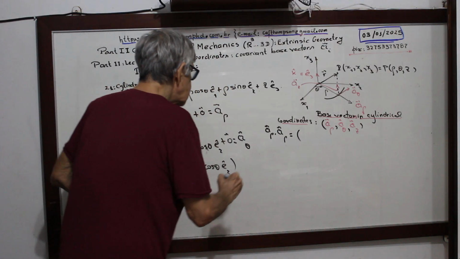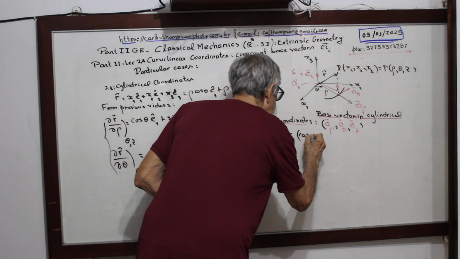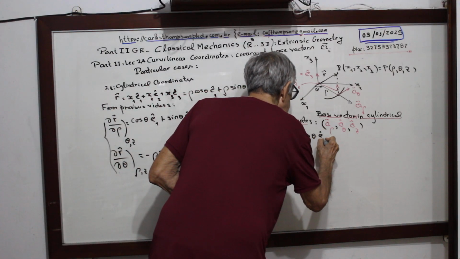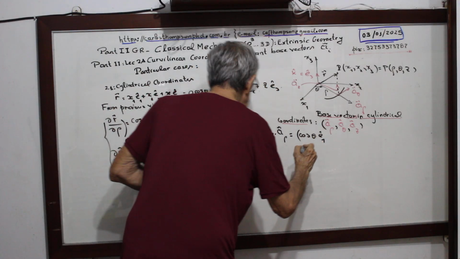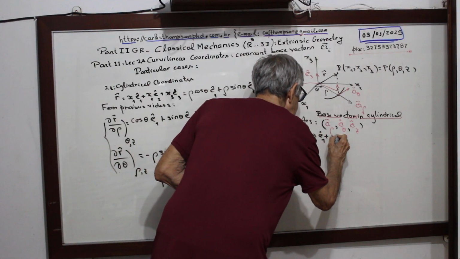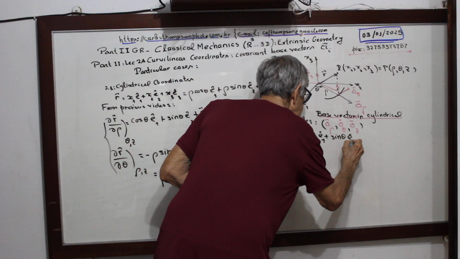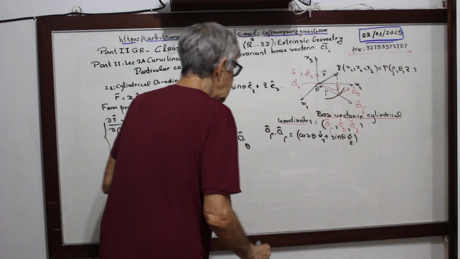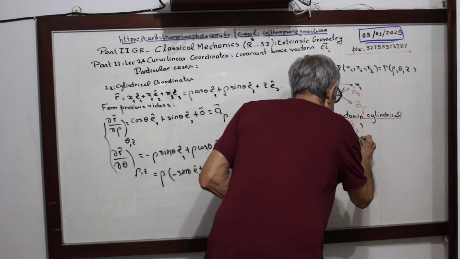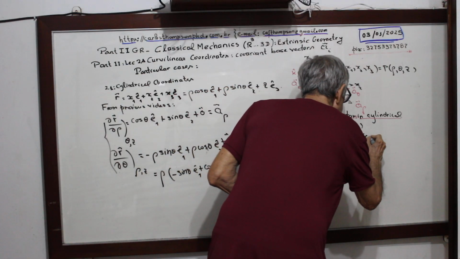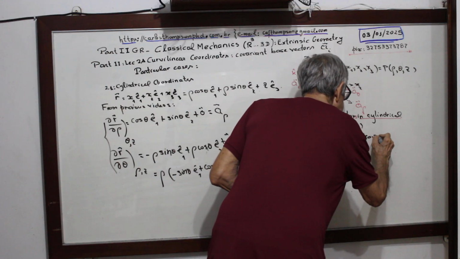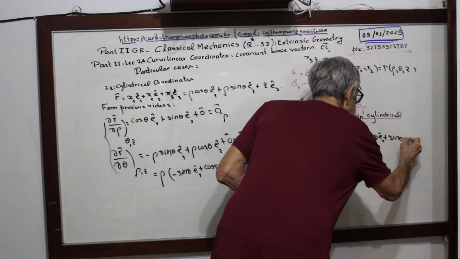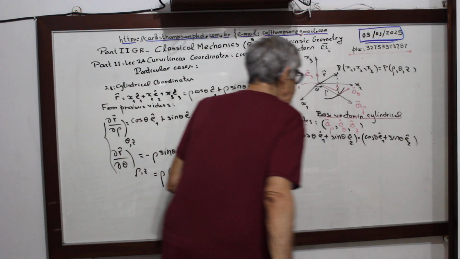It will be cosine theta e1 plus sine theta e2 dot, I'll repeat this, cosine theta e1 plus sine theta e2.